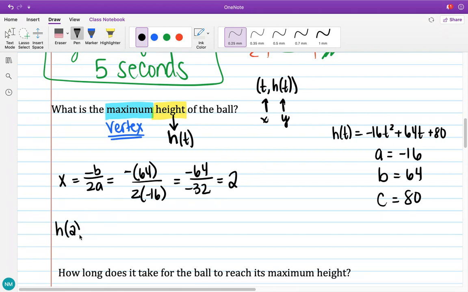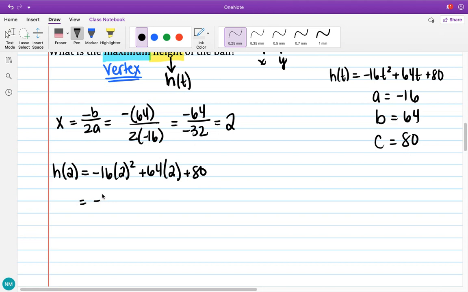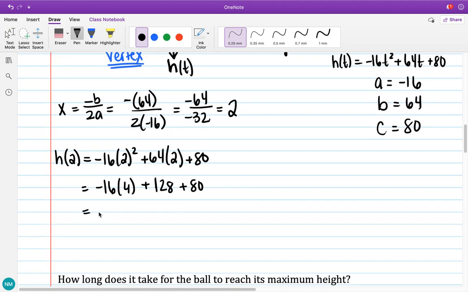So then I plug it in. And so h of 2 is equal to negative 16 times 2 squared plus 64 times 2 plus 80. So I get negative 16 times 4 plus 64 times 2 is 128, right? 60 times 2 is 120, 4 times 2 is 8, plus 80. So 16 times 4 is 64, negative 64, plus 128, plus 80.